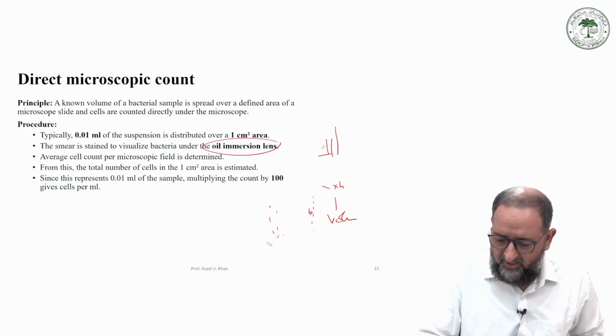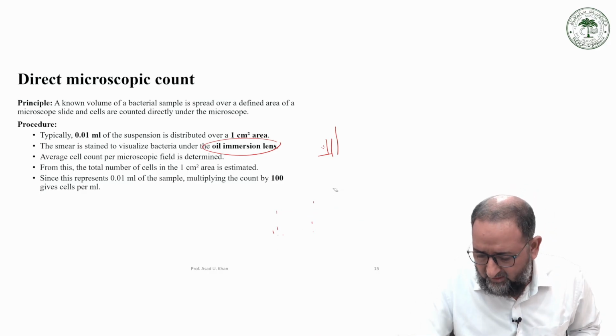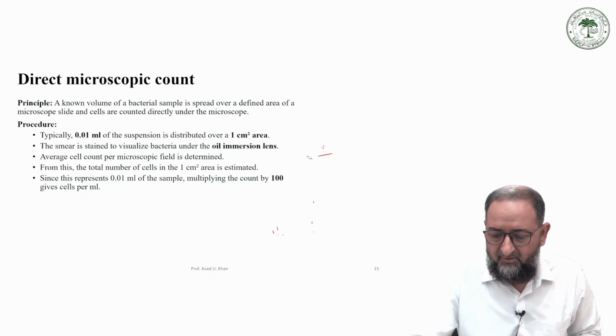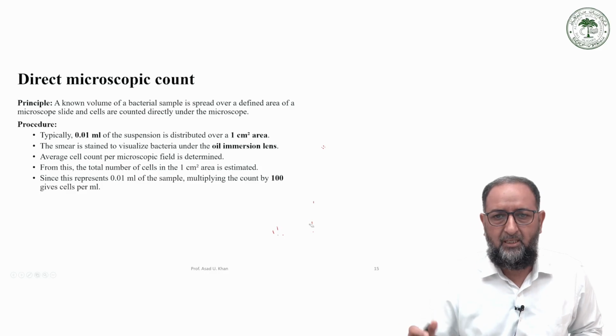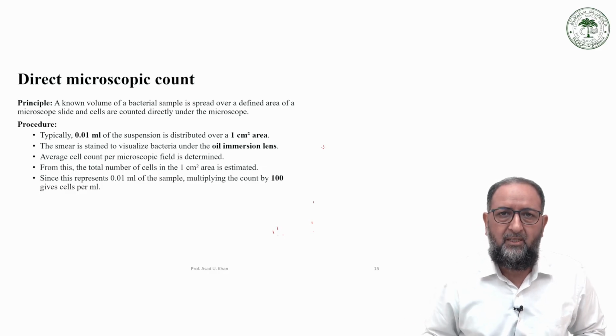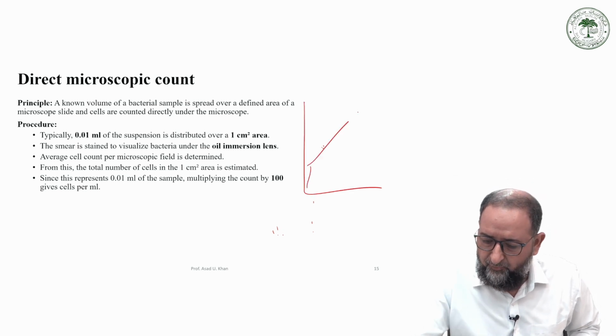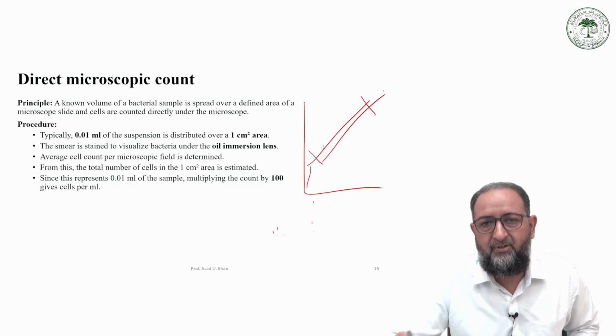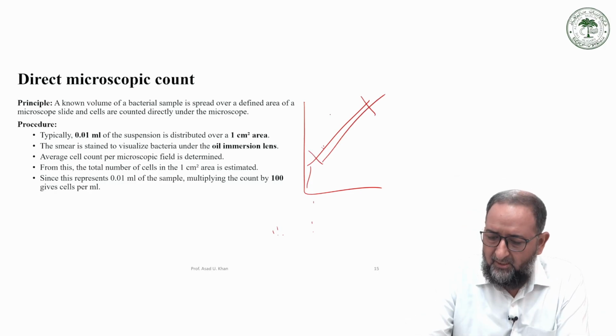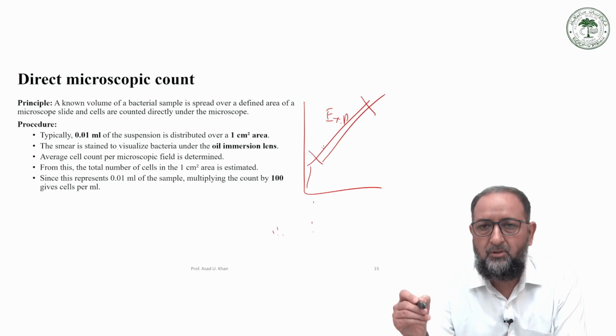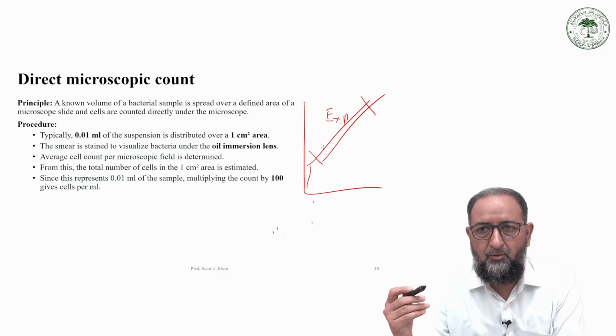The limitation of this method is that you cannot differentiate between live and dead cells. So you may count the dead cells as well as the live cells. How many dead cells we have depends on the growth curve. If you are counting cells in the exponential phase, the growth is continuous and you don't have any dead cells.